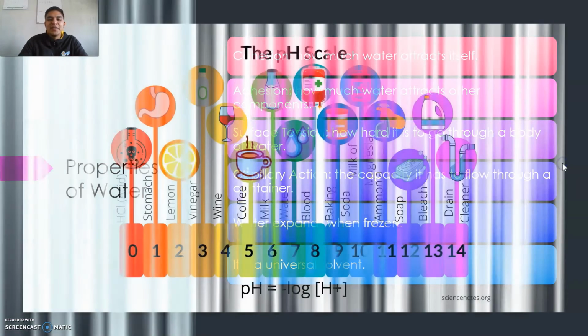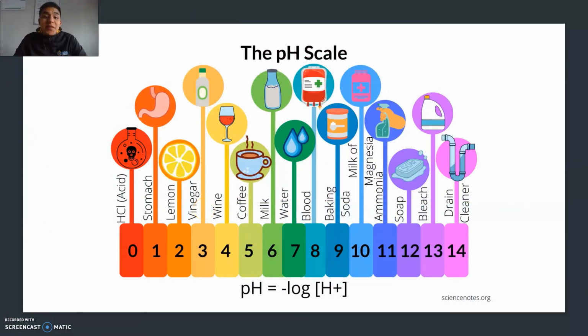All right, let's continue. And right here we have something that is very important, and that is also related to the properties of water. In this case, we're going to have a pH scale. It basically means how many hydrogen atoms a substance is going to contain. And depending on the amount of hydrogen atoms that it will have, it can be either an acid or an alkaline substance.